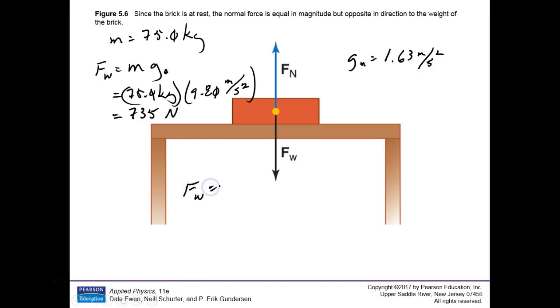F sub W is equal to 75.0 kilograms, same mass, but now the G is 1.63 meters per second squared. Someone with a calculator punch that in for me. What'd you get? A little louder. 122 what? Newtons.